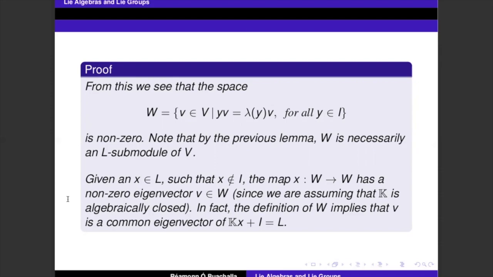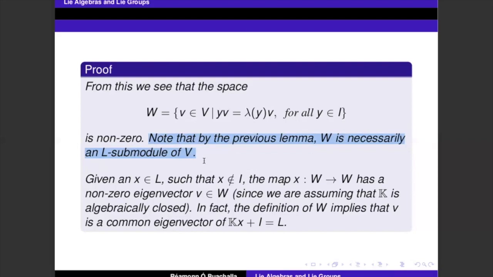We also still need the assumption that it's got characteristic 0 because we invoked the previous lemma here. This is just a single element, so you're basically asking for a non-zero eigenvector. You're asking that the characteristic polynomial of the matrix is going to split, which of course it does because we're assuming that K is algebraically closed.